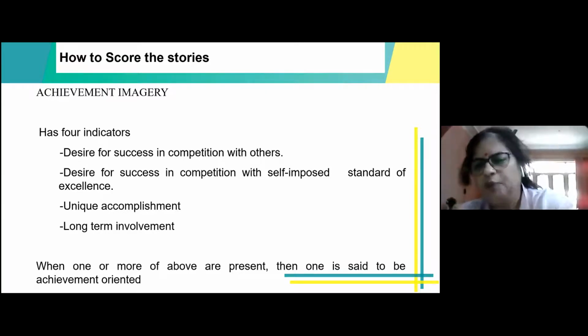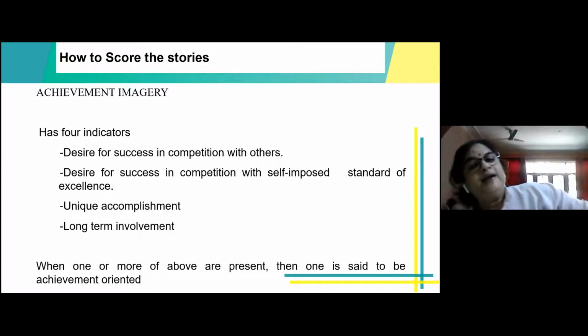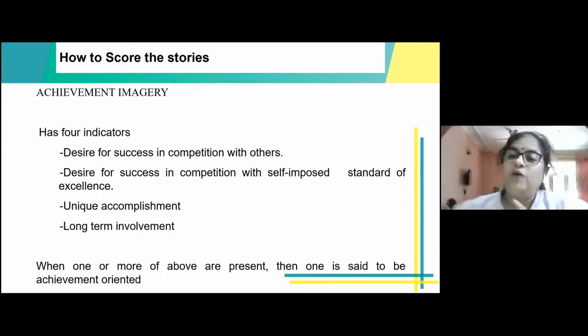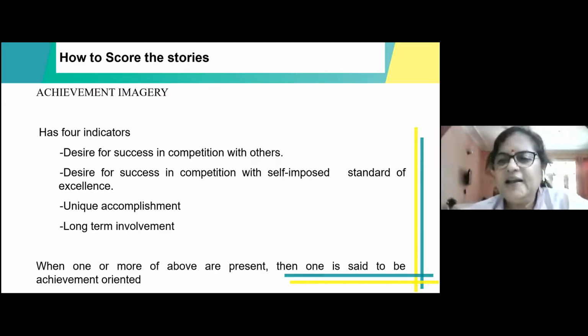It's written on top over here, achievement imagery. If you find only something doubtful, you will say doubtful, and if you do not find anything, you will say unrelated imagery.